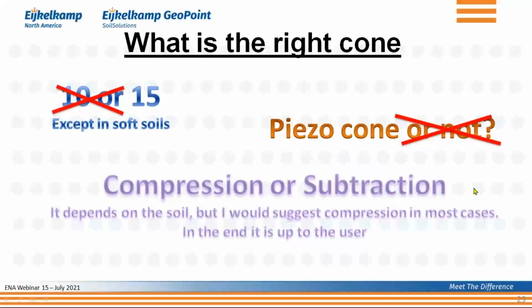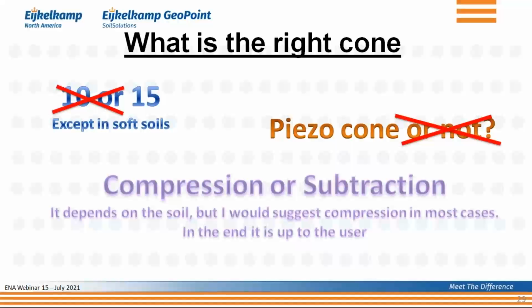If you have an operation where you have lots and lots of CPT and you have lots and lots of money, and you can put, say, 10 or 15 cones in your truck, then obviously you get a wide range of cones. Because if you know that you are not dealing with soft soils, you're only dealing with hard granular soils, now you may use your 15 centimeter square cone.